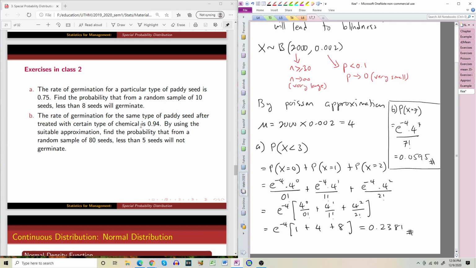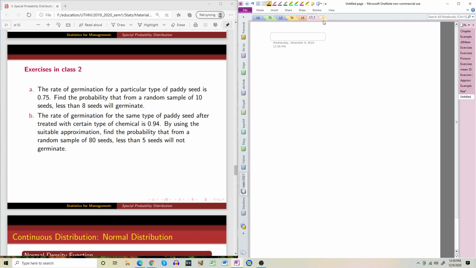Exercise in class 2. Number of seeds germinates.